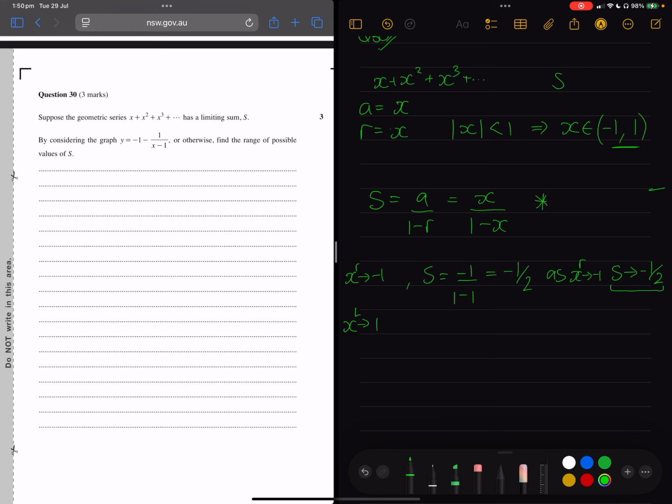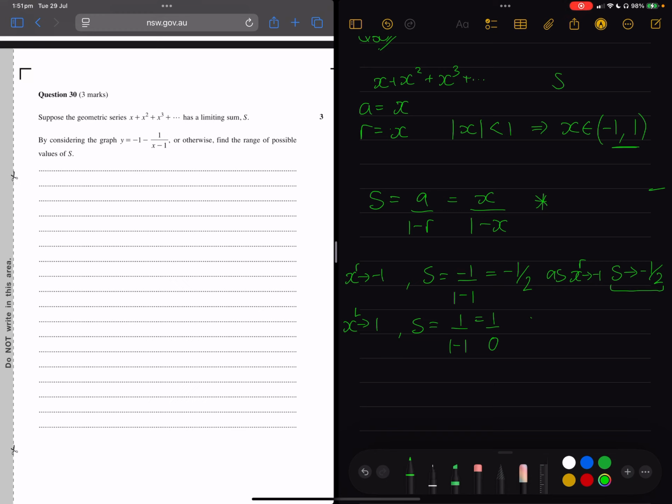On the other end of the spectrum, as you approach 1 from the left, you find that the sum is essentially 1 over 1 minus 1. This is 1 over 0. This is undefined, so you can't just sub it in. But if you plug in values that get closer and closer to 1, you'll find that this grows infinitely, right? It gets higher and higher.